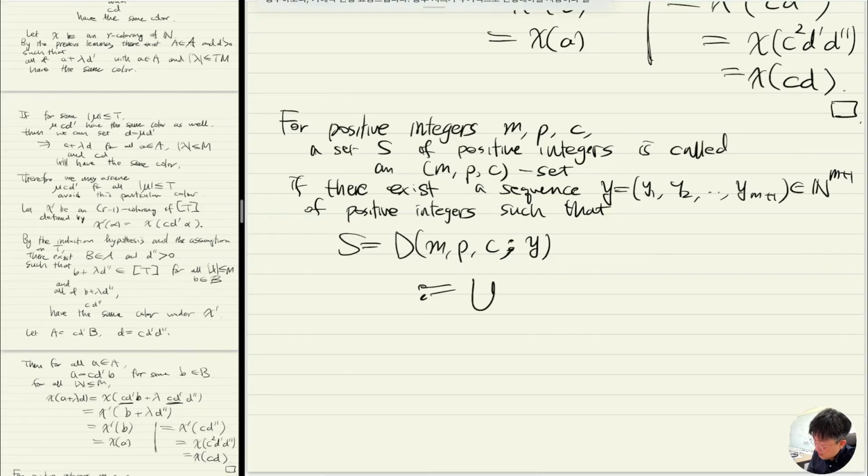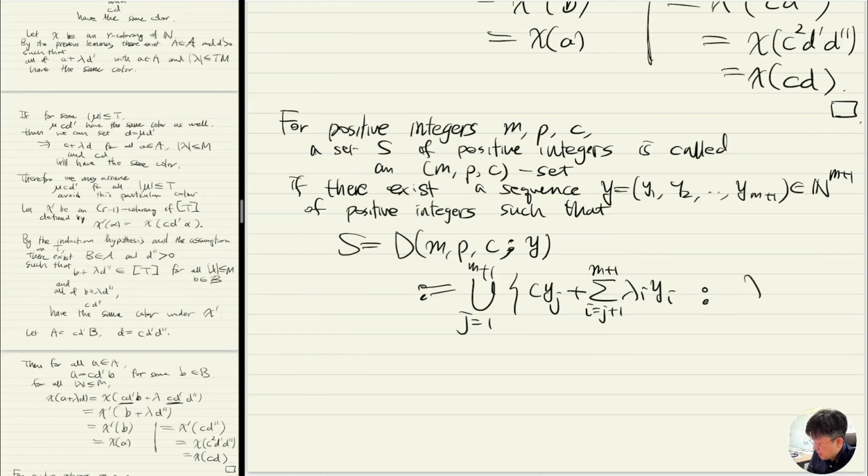So union of j from 1 up to m plus 1 of cyj plus lambda i yi, where i is from j plus 1 up to m plus 1.